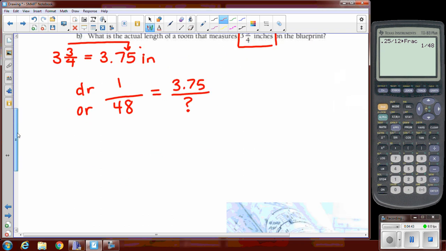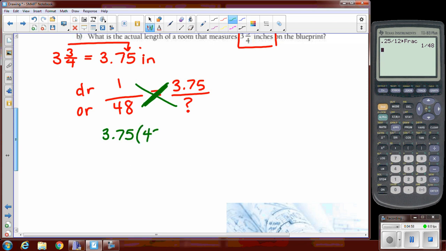So this is where we use our skills of cross multiplication again. We look at the line that actually has 2 numbers on both ends, and that's our multiplication. 3.75 multiplied by 48, and then you divide by the only number on the other stick, which in this case is 1, which won't make a difference, but that would tell me my unknown.